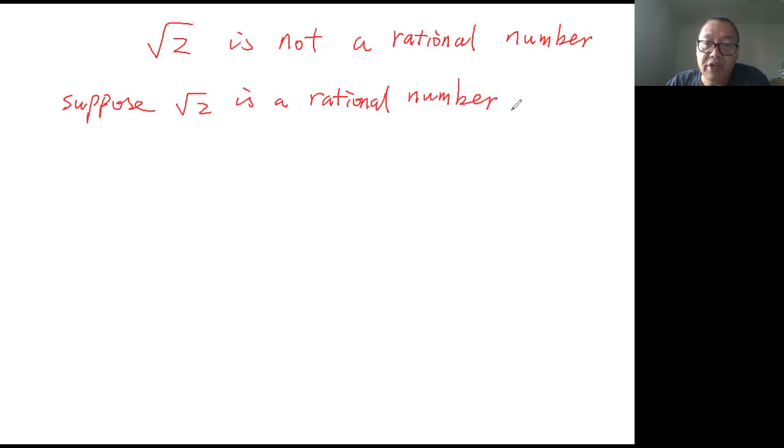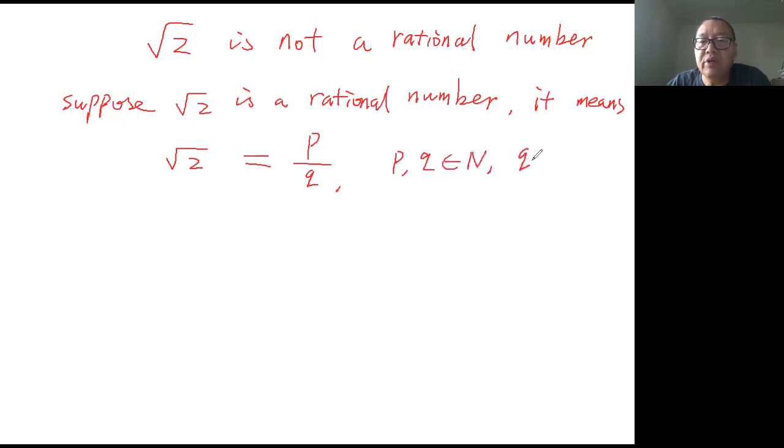If root 2 is a rational number, based on the definition of rational numbers, root 2 can be written as P over Q, where P and Q are integers and Q is not equal to 0.